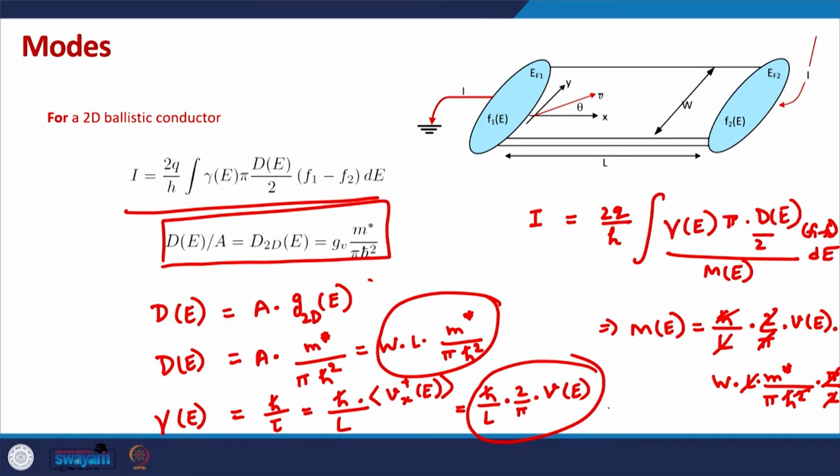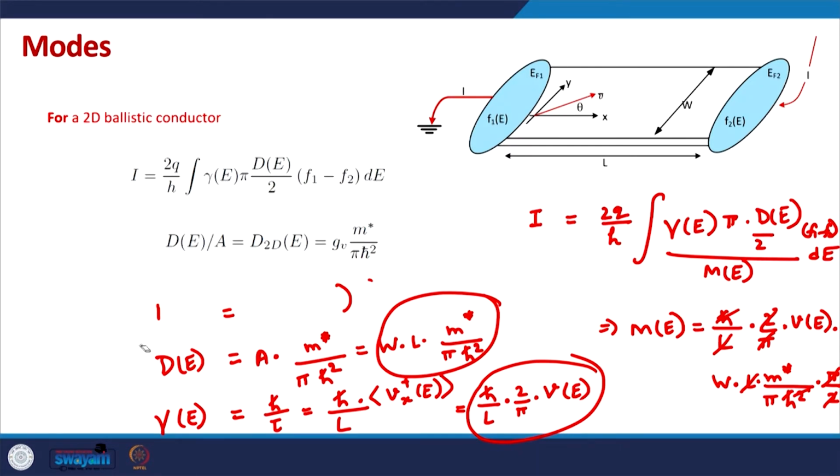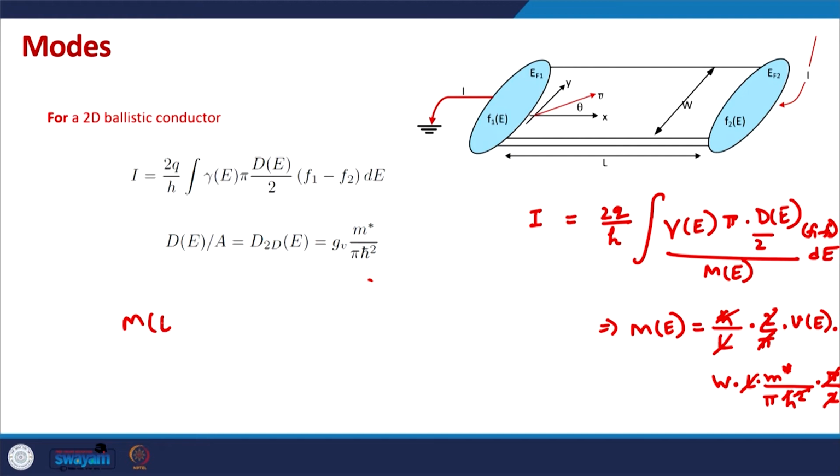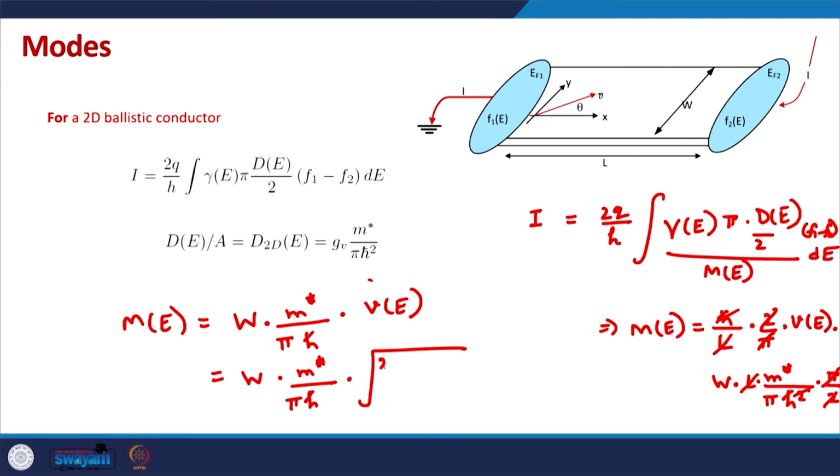What is left is this. Ultimately, if we eliminate all the redundant things, ME equals W times m star divided by pi h bar square, sorry, we are only left with h bar, not h bar square: W times m star divided by pi h bar times VE, which is also m star divided by pi h bar times VE, and VE is essentially the square root of 2 times E minus EC divided by m star.